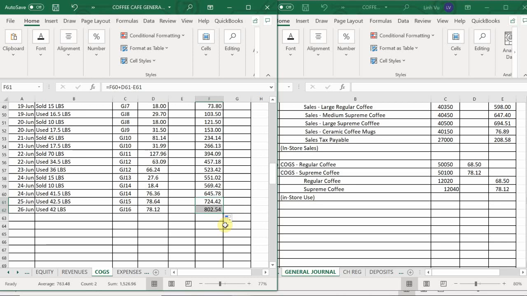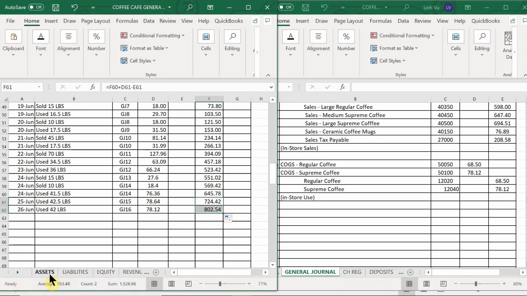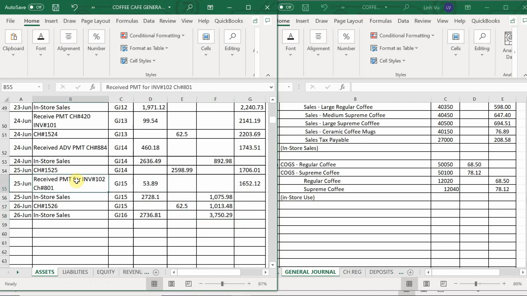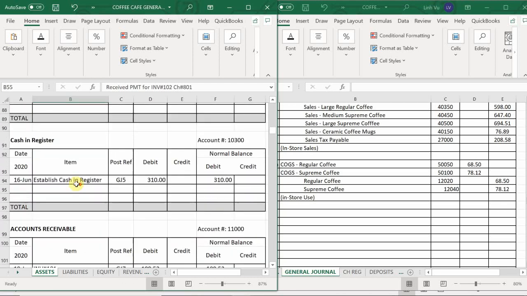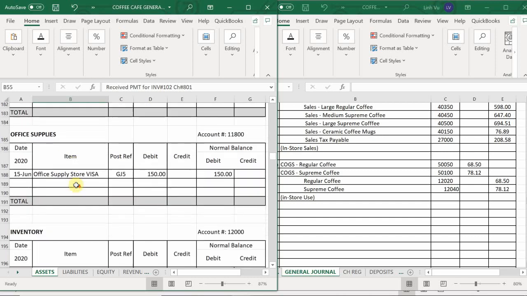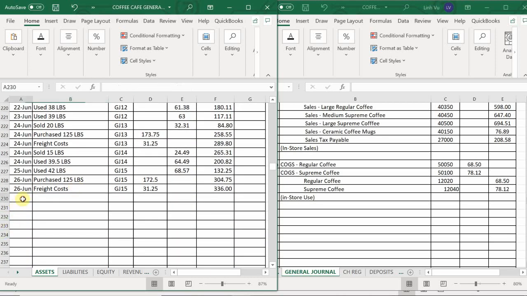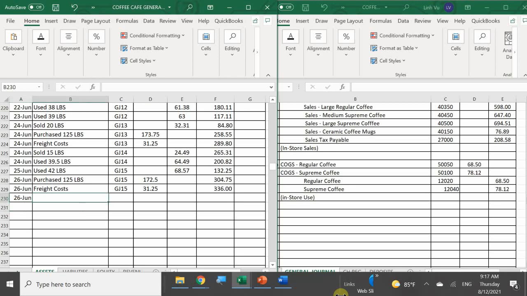And then we go to our assets tab. All right, we got to update our inventory. Regular coffee. Used 42 pounds. $68.50.